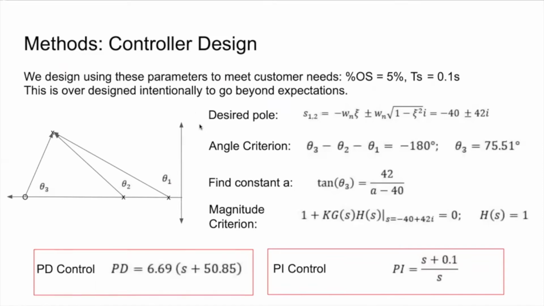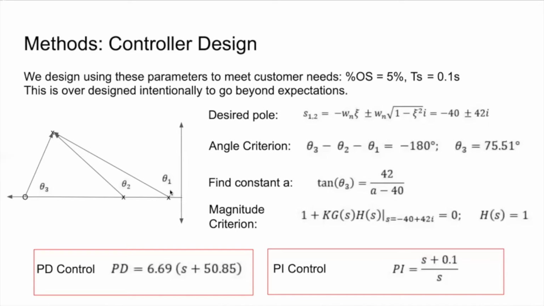As mentioned earlier, we were going to use the angle and magnitude criterions to solve this. In our plot here, we have our open loop poles as discussed previously. Our desired pole can be found from this equation here. We've found those constants a few times before. We end up with our desired poles at -40 plus or minus 42i.